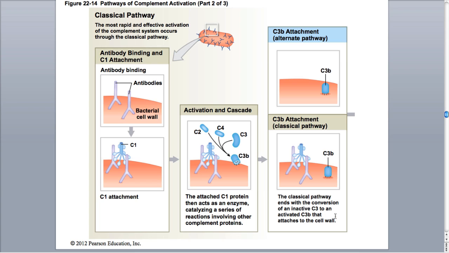Okay. So what we're doing is basically making that cell wall of the bacteria more and more visible. If we had an invisible plane and we wanted to make that plane more visible, we could do what? Get stuff attached to it that glows.